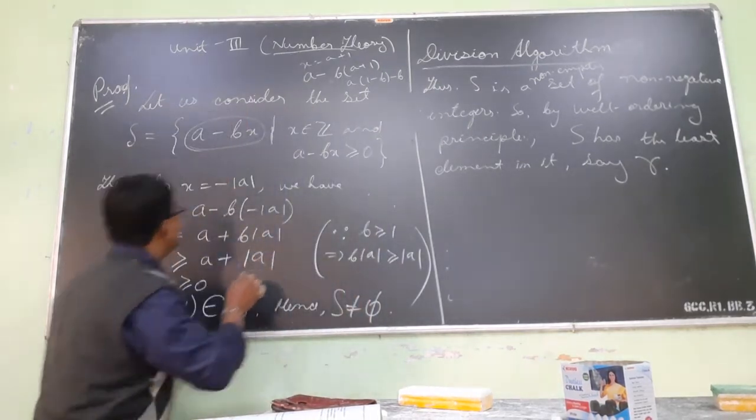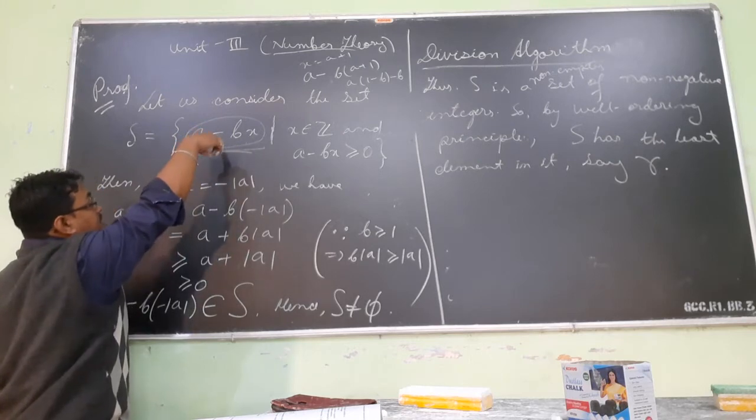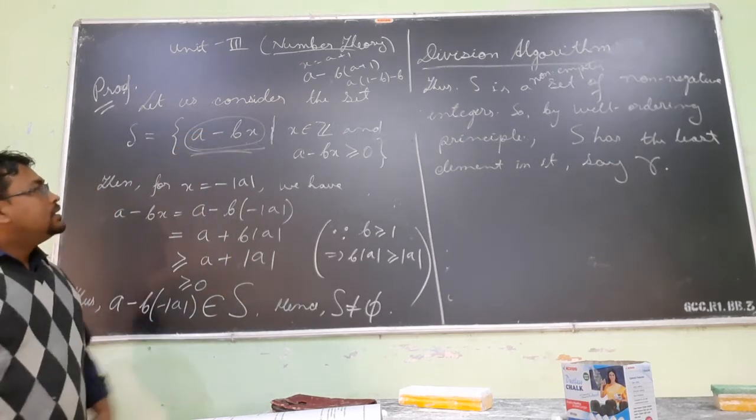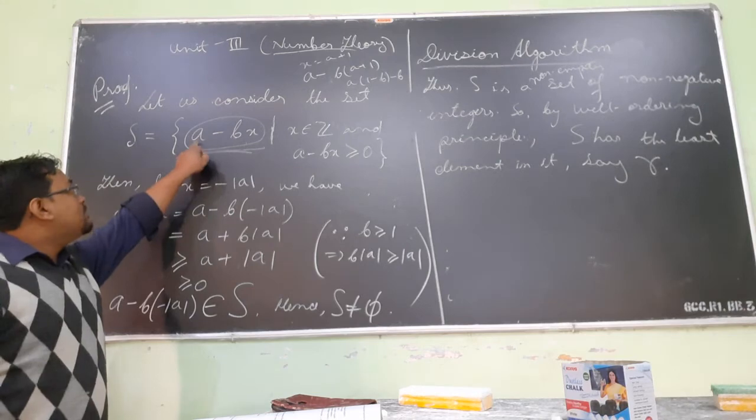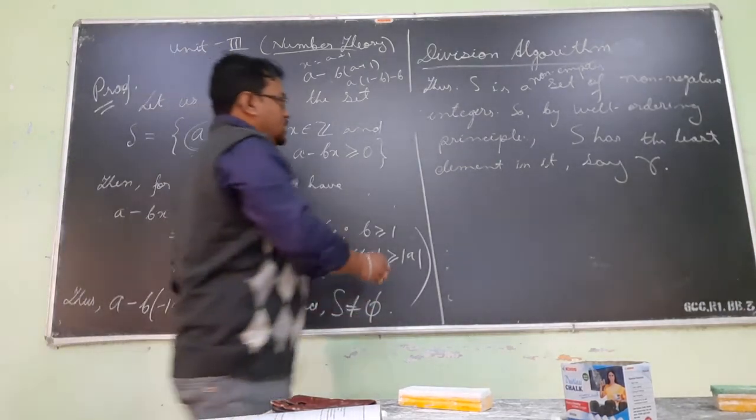But R is an element of this set. How do the elements of this set look? Elements of this set look like A minus B into some quantity.